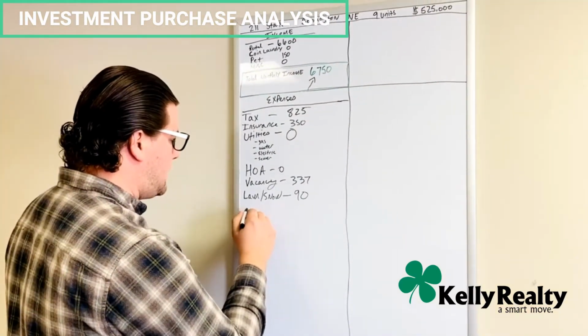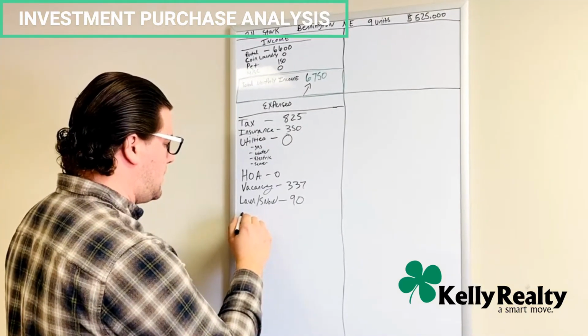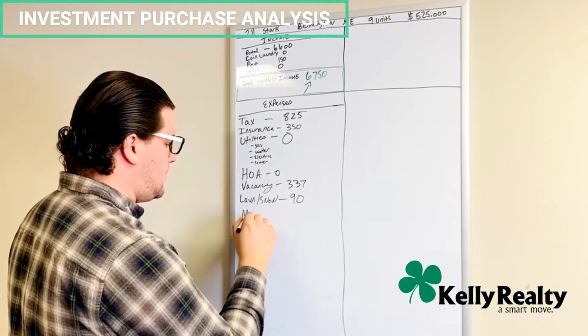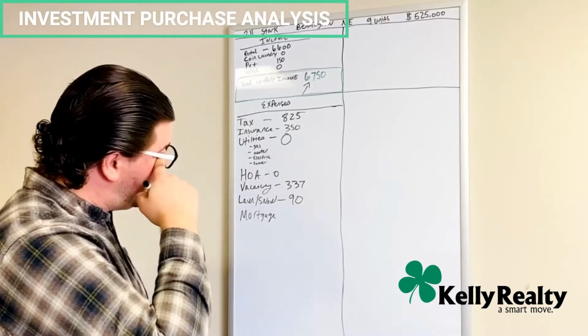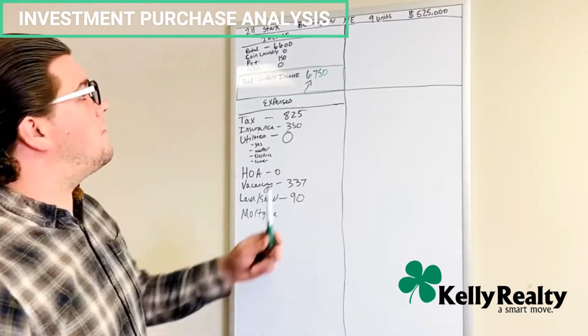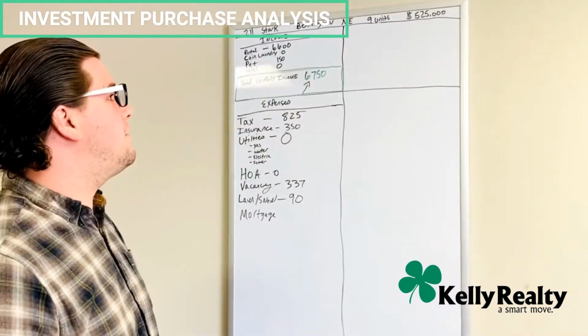Another expense is the mortgage. So this would just be principal and interest. Again, the purchase price is $525,000.